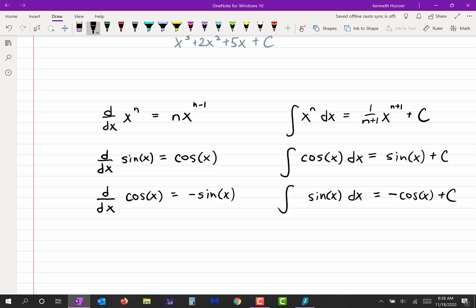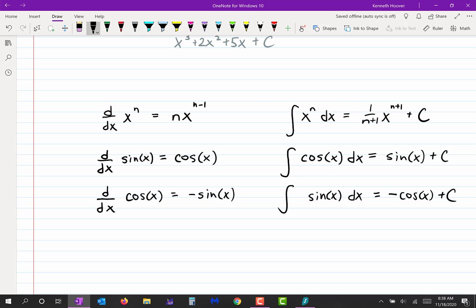So remember your derivatives. The derivative of sine is cosine. The derivative of cosine is negative sine. Now you know two integrals. The integral of cosine is sine, and the integral of sine is negative cosine. Okay? Now that business I did about taking the -1 and moving it to the front of the integral, I should show you that that's okay.